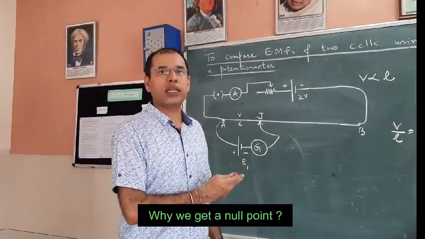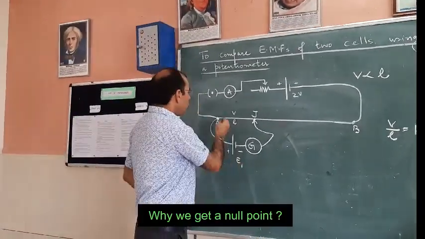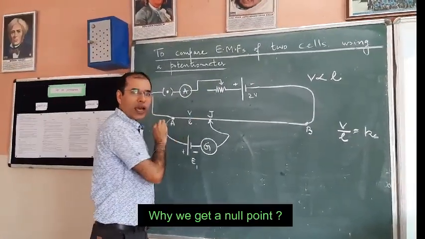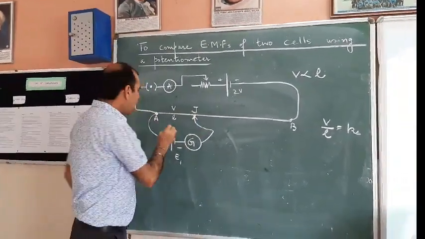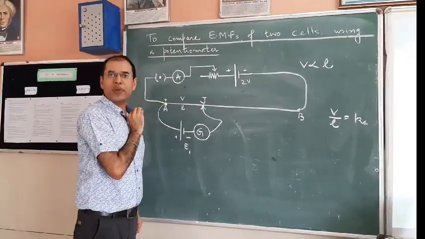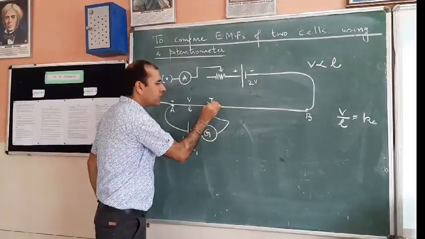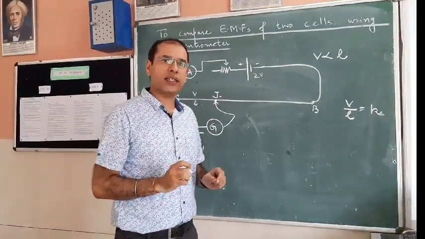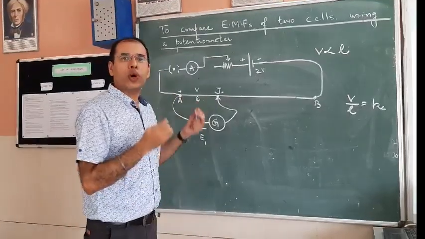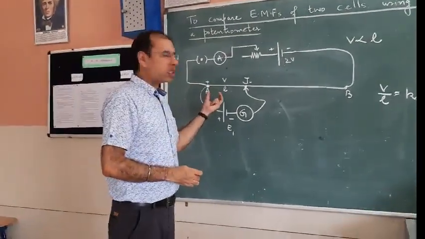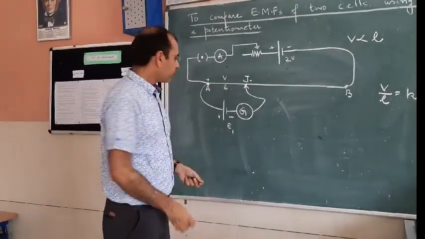Let us understand that. We have potential difference getting supplied to this wire from this battery, and this battery has made this point positive and comparatively this point negative. So this piece of wire has started acting like a source of potential difference. One end is becoming positive, one is becoming negative.